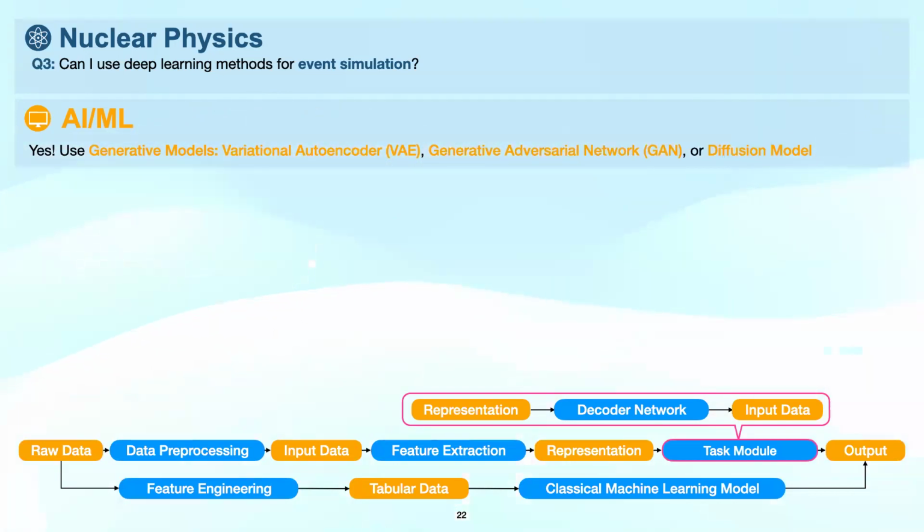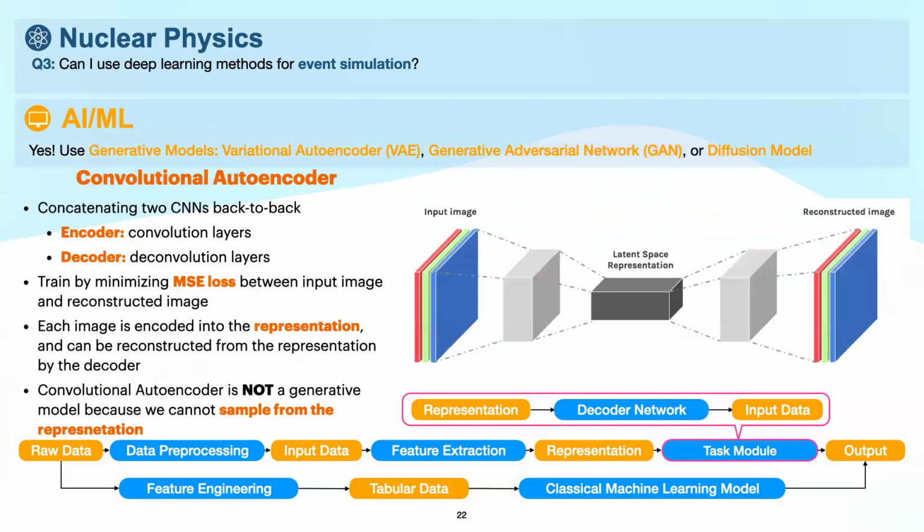So it's a reverse process. The input is small and you feed it into a decoder network and it gives you larger data, which ideally would look similar to your input data, right? So how can we do this? Well, the answer is we can build something called a convolutional autoencoder.